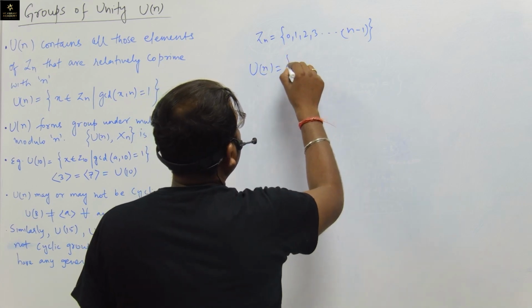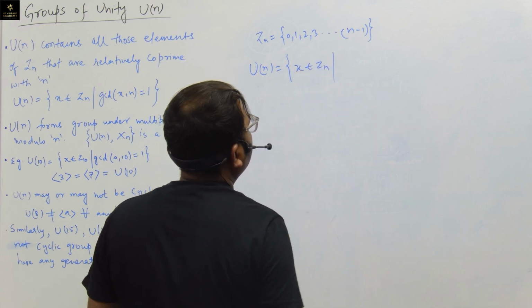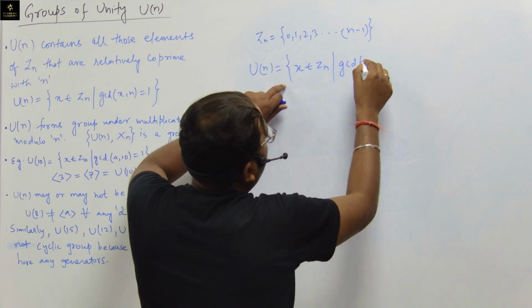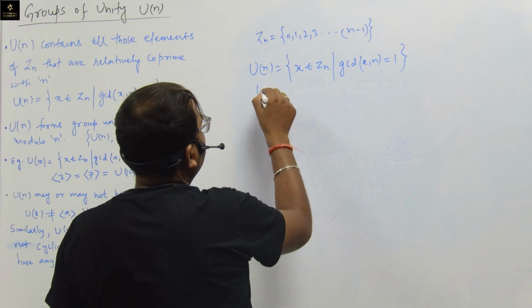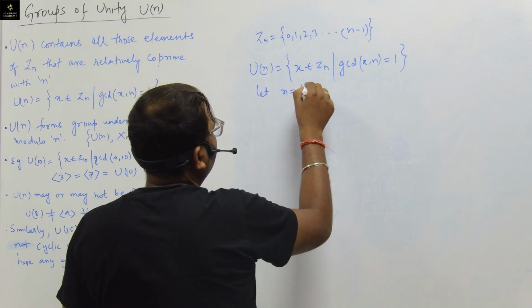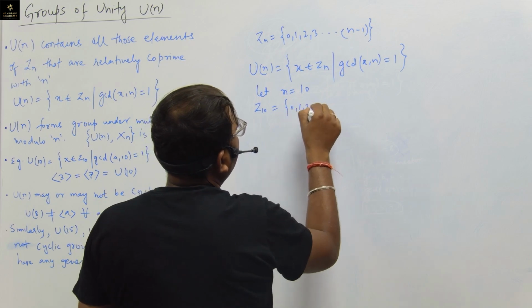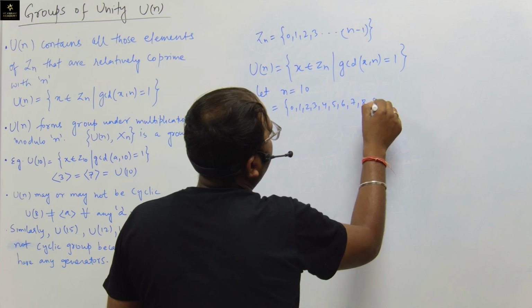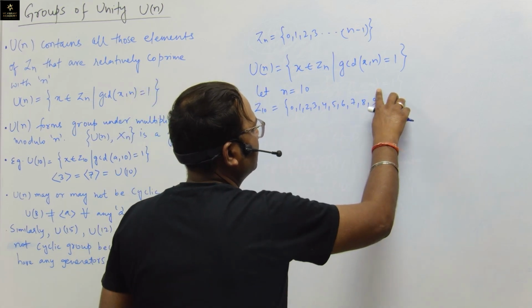All those elements x belonging to Zn such that GCD of x and n is equal to 1. Let n is equal to 10. So Z10 will be 0, 1, 2, 3, 4, 5, 6, 7, 8, 9, that is 0 to 10 minus 1, which is 9.